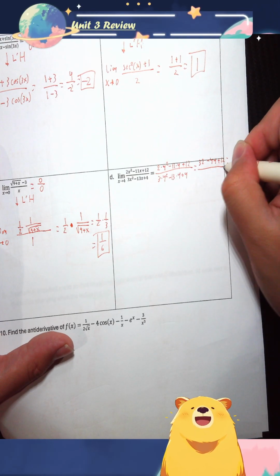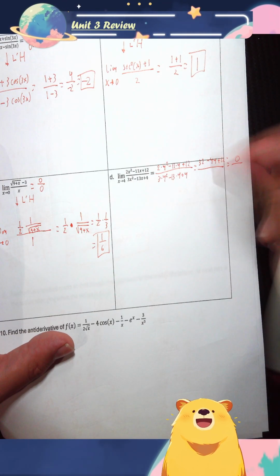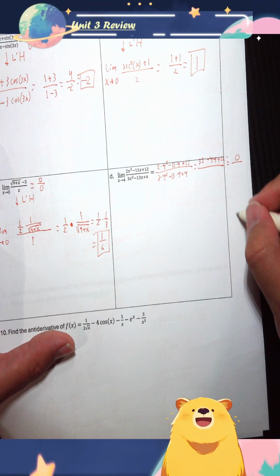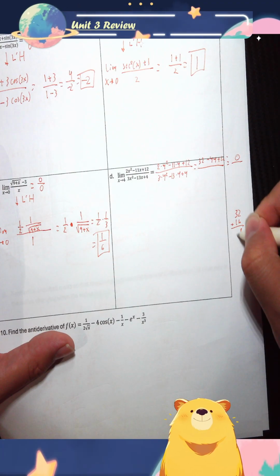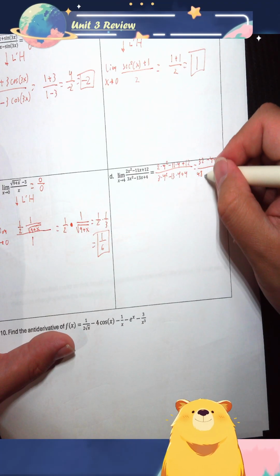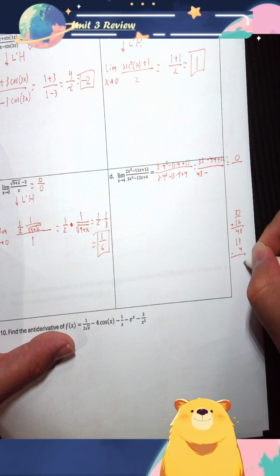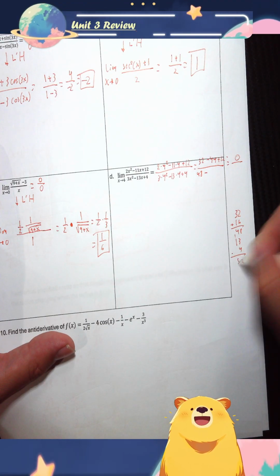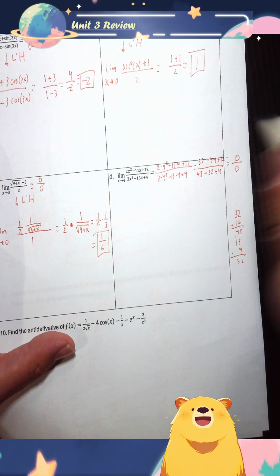On the bottom, let me just do that out loud: 32 plus 16 is 48, minus 13 times 4, 52, so minus 52 plus 4. Yeah, it's definitely going to be 0 as well.